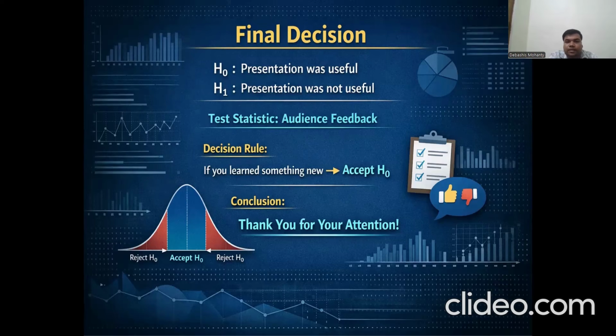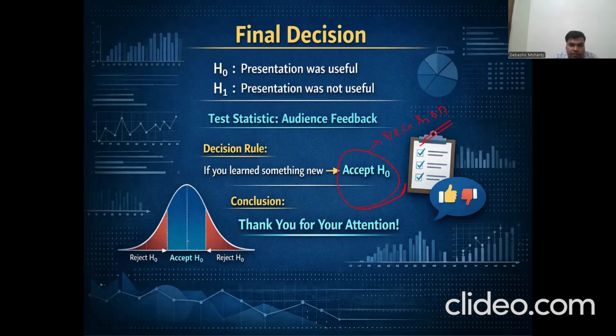And test the statistics means audience feedback we are getting. Audience feedback means we have to apply the decision rule. Means if we learn something new, we will accept the null hypothesis. That is the final decision. And finally, the conclusion we are getting there.